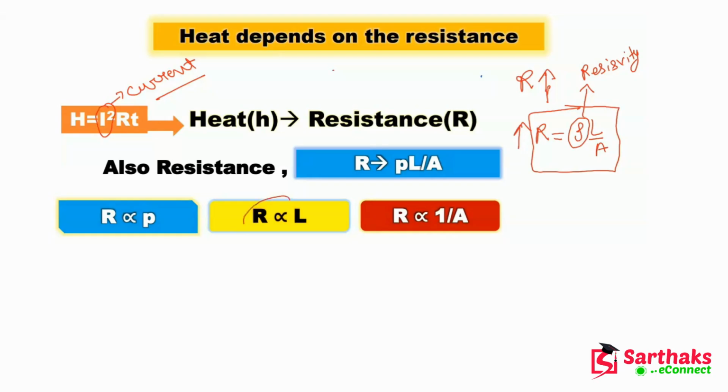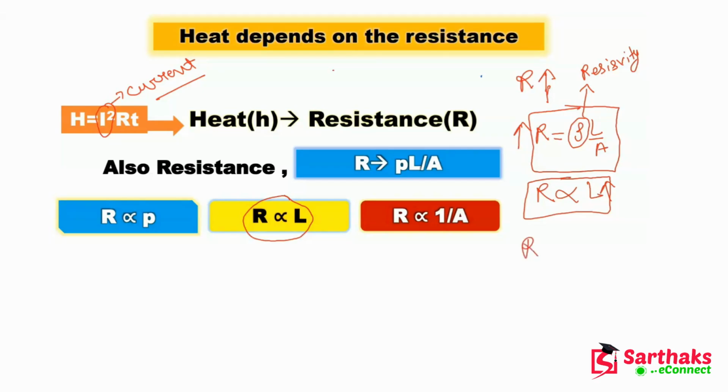The other thing is resistance is also proportional to the length. So if I increase the length of the wire, then our resistance will increase and the heat generated will increase.